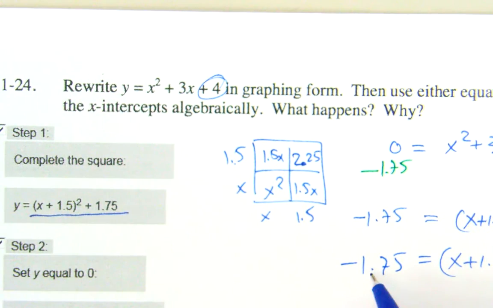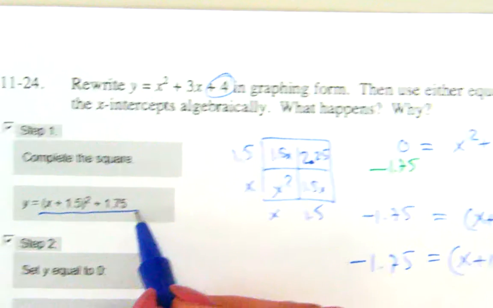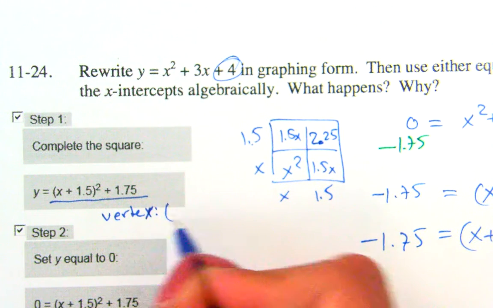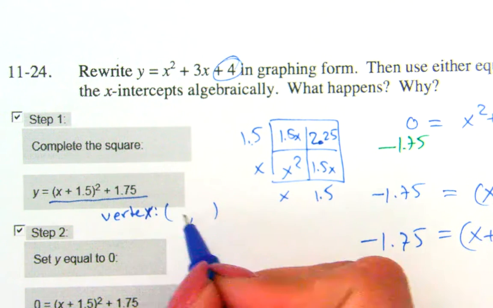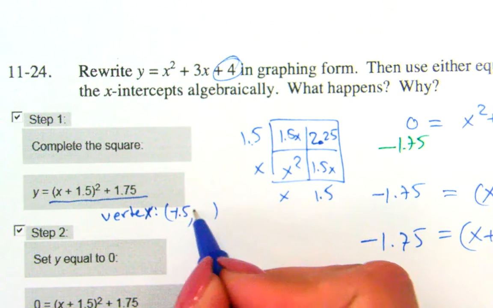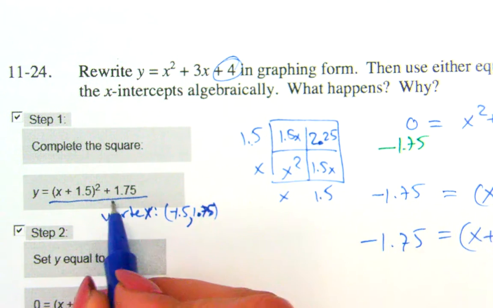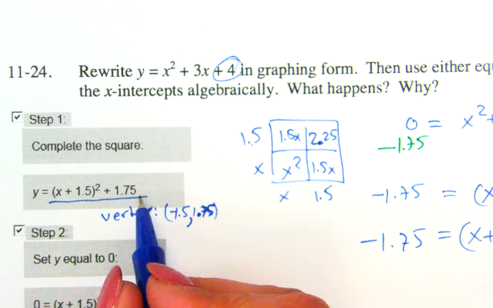You need to move or add the 1.75 to the other side, right? This is graphing form because from here you can tell what the vertex is, which, by the way, should be easy to do now, negative 1.5 and then 1.75. Okay, that's your vertex. It's not negative out here because it's not in parentheses.